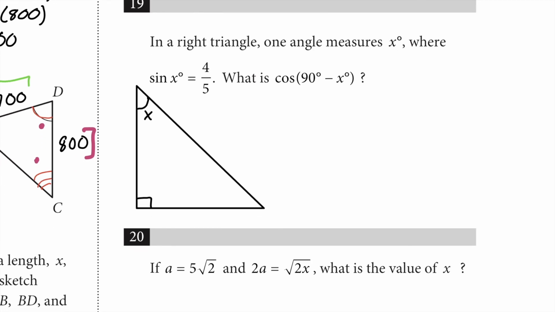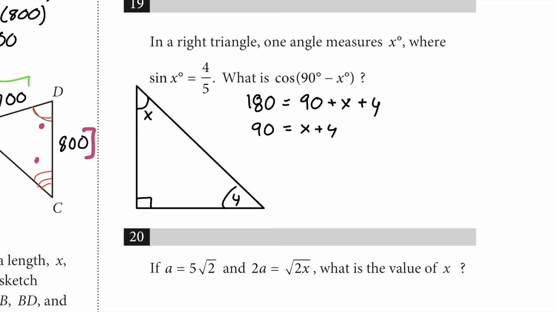We know there's 180 degrees between the three angles of a triangle. So 180 is 90 plus x plus something else we'll call y. And so we can subtract 90, and we get 90 equals x plus y. We're calling this angle y.